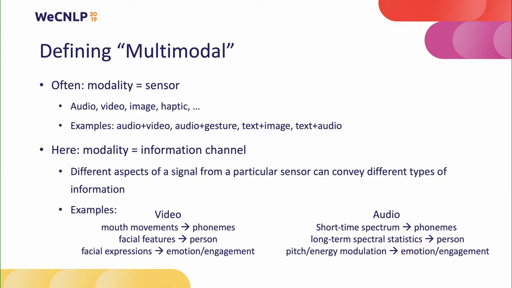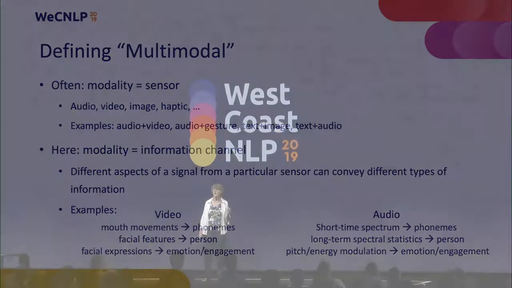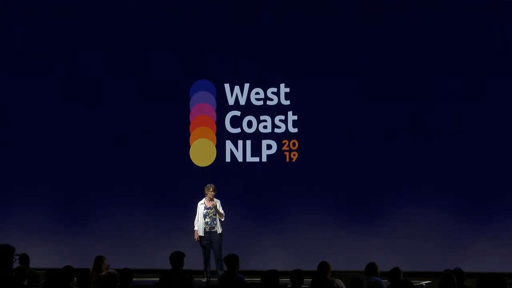If you have a video and you want to analyze it, and you were interested in speech recognition, you would focus on the mouth movements and lips. If you wanted to know who the person was, you would look at facial features. And if you wanted to know their emotion, are they engaged, are they paying attention, you would be looking at dynamics of the facial features.